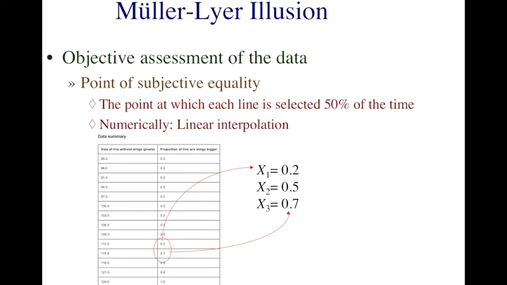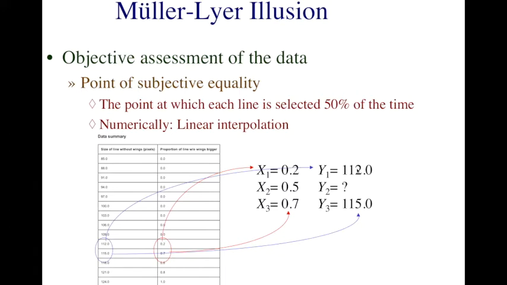For your own data, what you want to do is pull out these 3 points. The point below where 0.5 would be, the point above where 0.5 would be. Call the first one x1, 0.2, x2 is the 0.5 that we're looking for, and then x3 is the next larger number. Find the corresponding numbers in the first column.